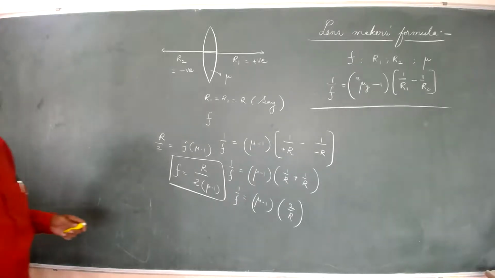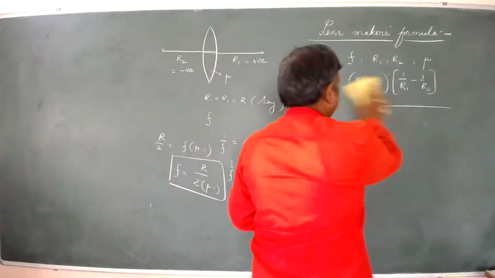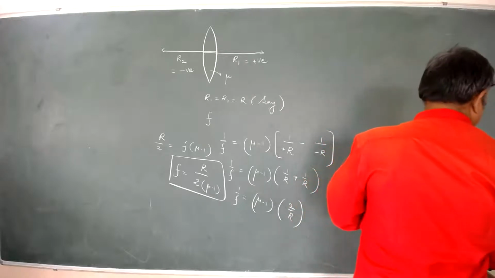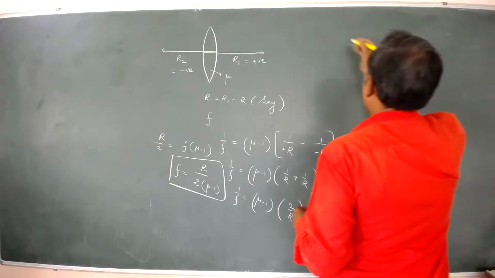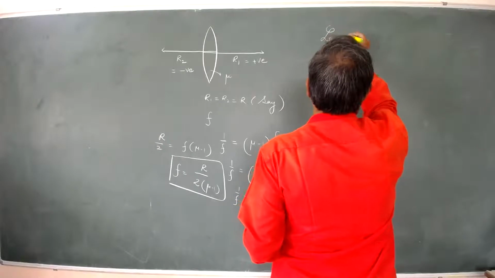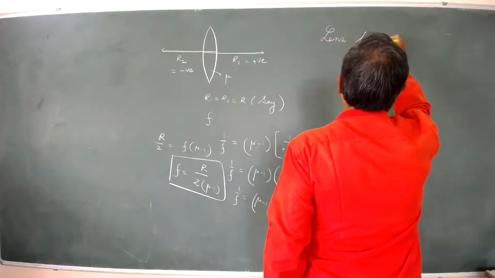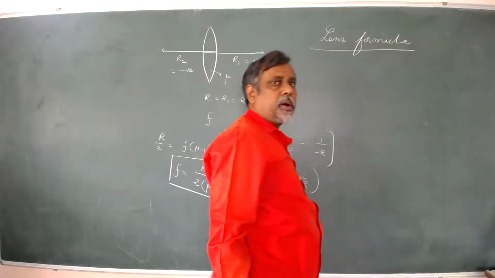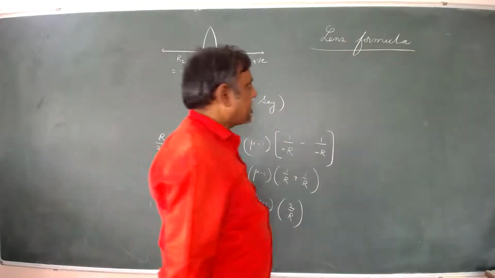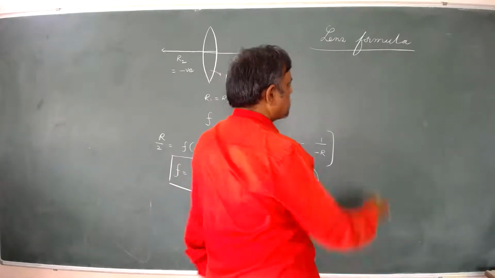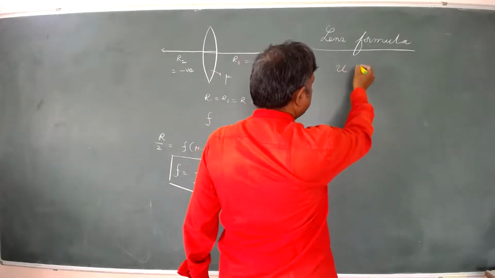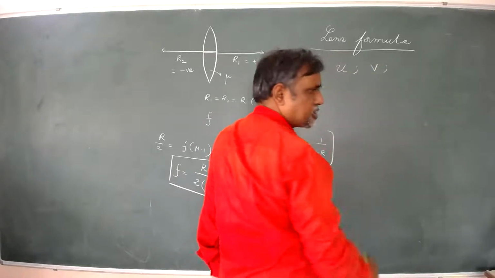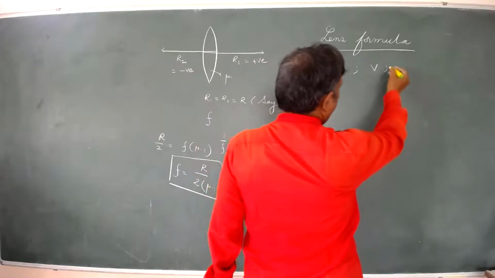Now, the next formula that you need to keep in mind in this regard is the lens formula. What do you mean by lens formula? Usually, this lens formula establishes the relation among the object distance u, the image distance v, and the focal length.